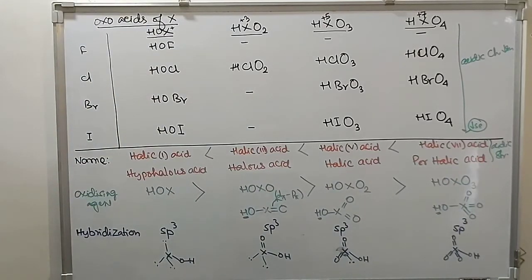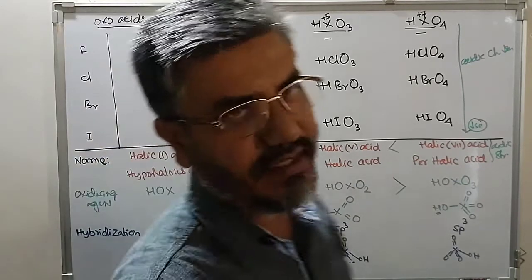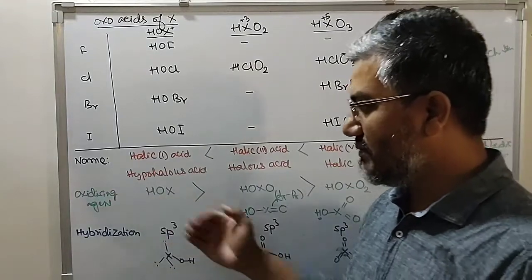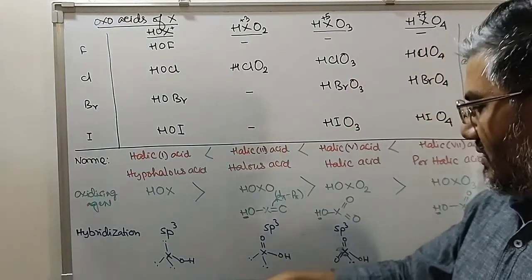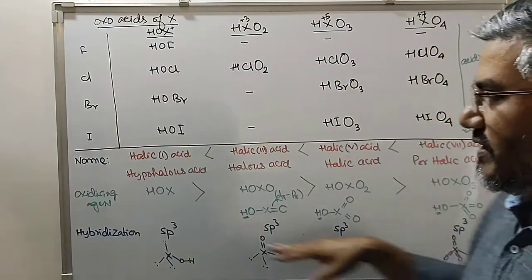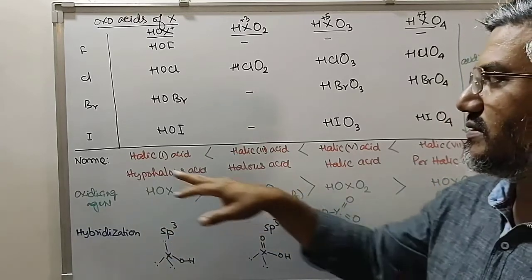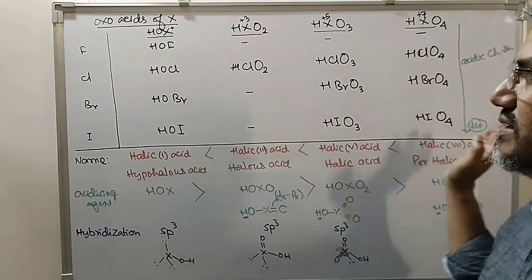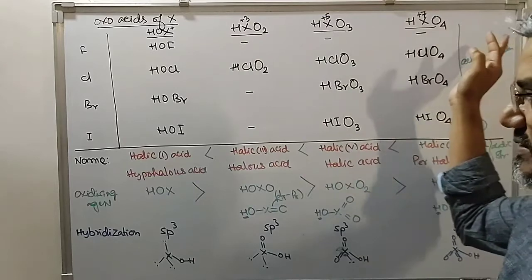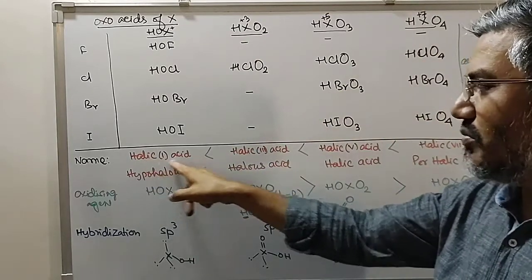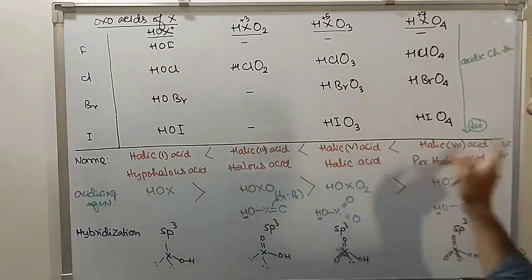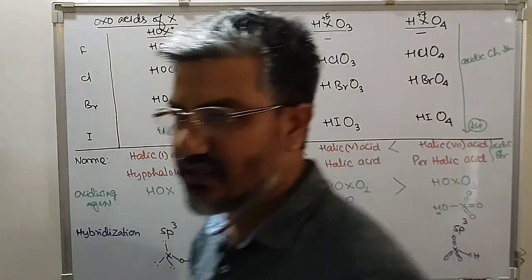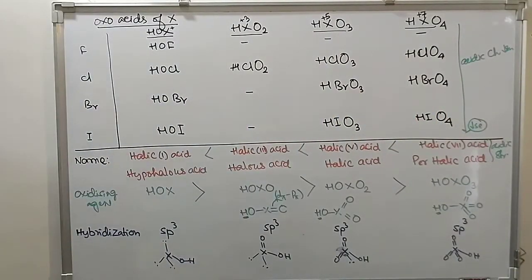So these are the various properties of the oxoacids of halogen. I have given you hybridization, shape, structure, then oxidizing character, acidic strength, oxidation state, then common name and standard name. These are the oxoacids of halogens.